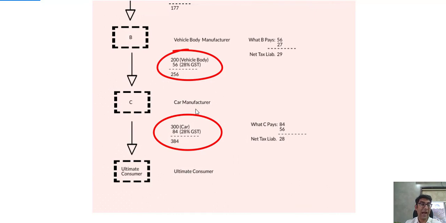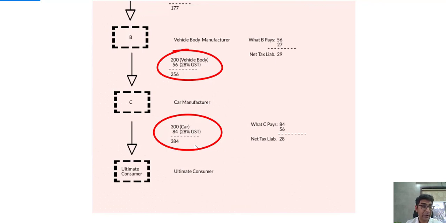So let's say I go to buy a Hyundai Creta: I pay Hyundai 300 rupees for the car and 84 rupees as tax. In this case, Hyundai has already accumulated points of 56 rupees because it paid 56 rupees to the vehicle body manufacturer. And Hyundai has collected 84 rupees from me when I buy the car.